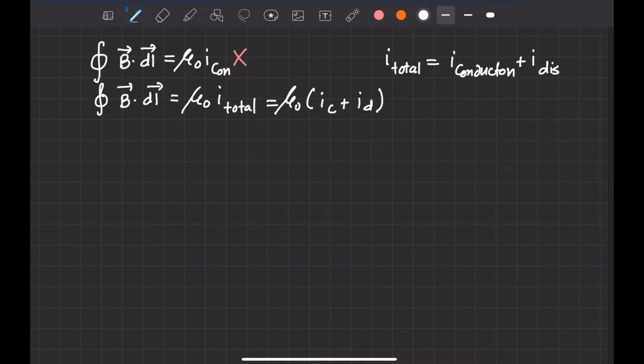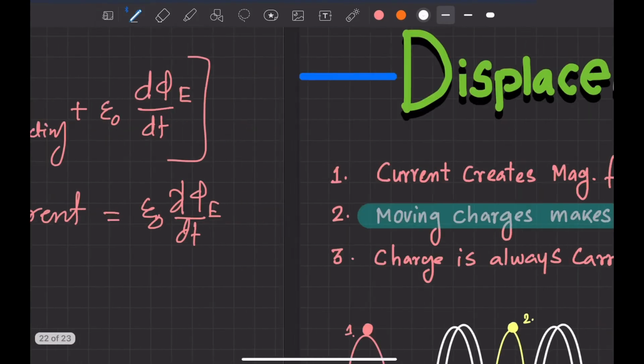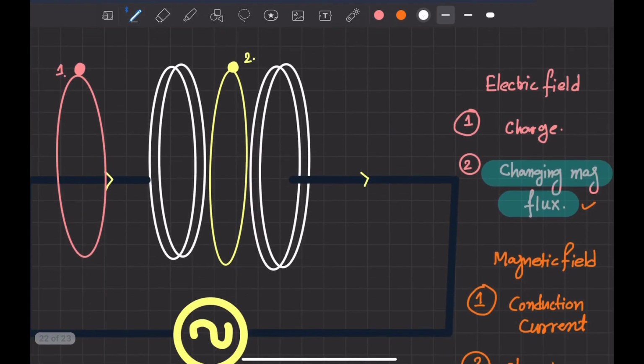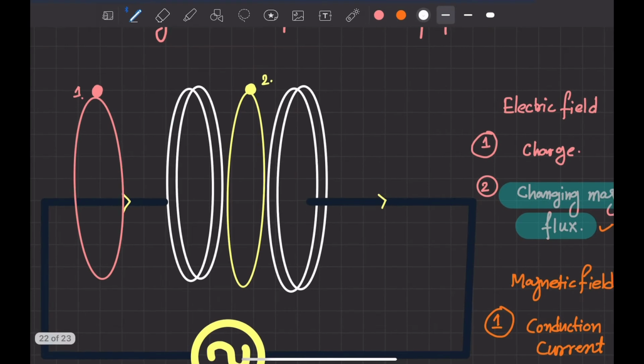Now what is this displacement current? Let's go back to the previous slide. Here there is a conduction current, and also there is another current which flows due to the rate of change of electric flux in this direction, and he named it I D, the displacement current.